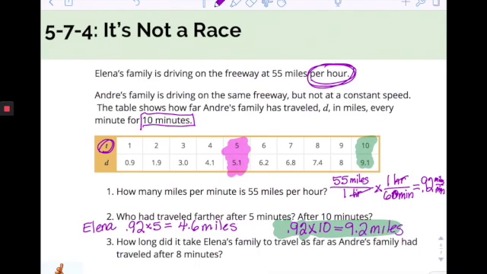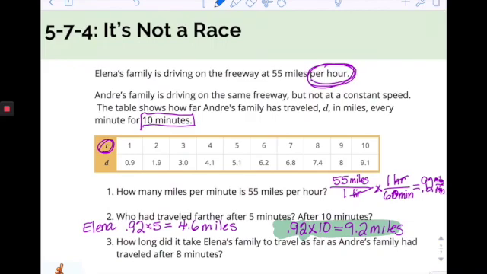So Andre traveled farther in 5 minutes because he went 5.1 miles, and Elena traveled farther in 10 minutes because she went 9.2.